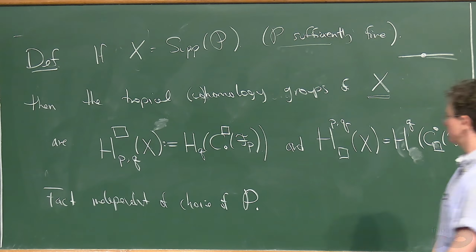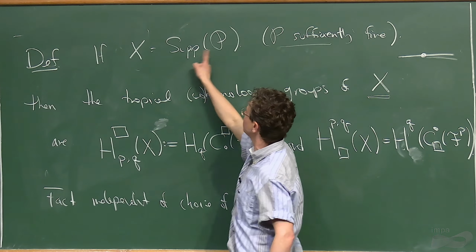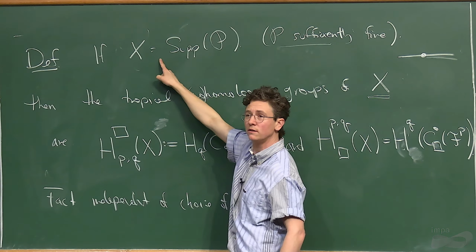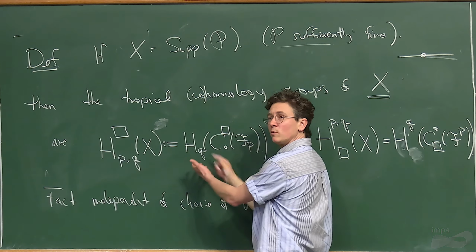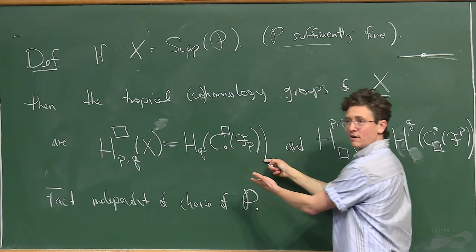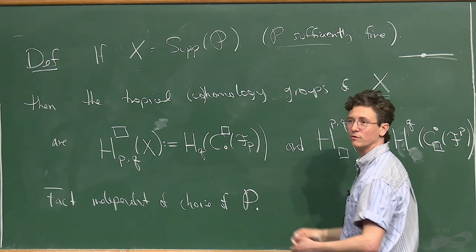What you mean is independent of choice of P? You could take another polyhedral complex that has the same support, as long as it satisfies this condition. You'll get different chain complexes, but when you take their homology or cohomology, you get the same thing; you get isomorphisms.